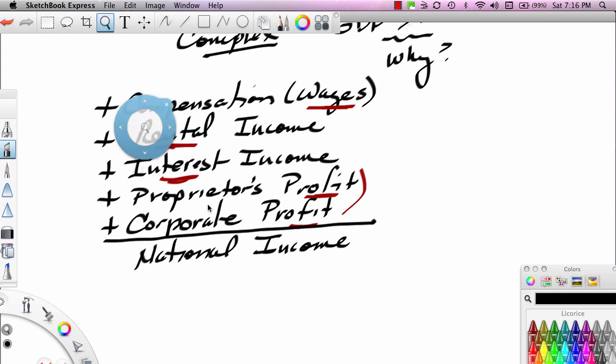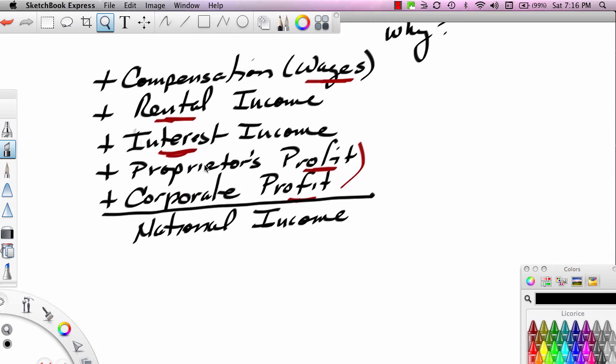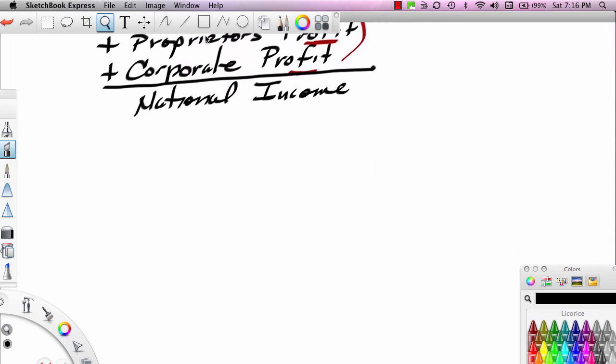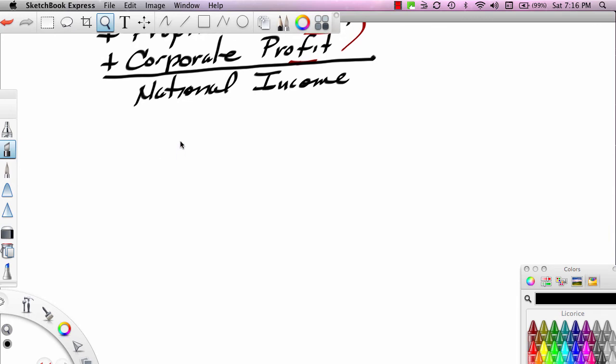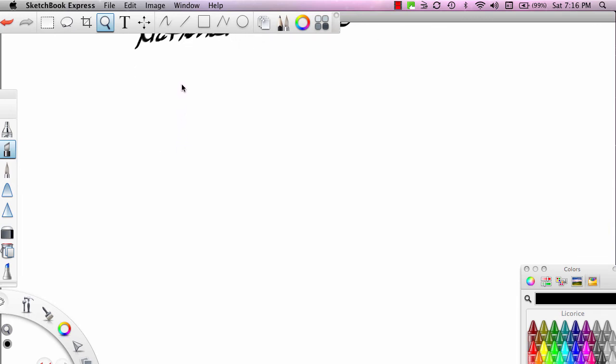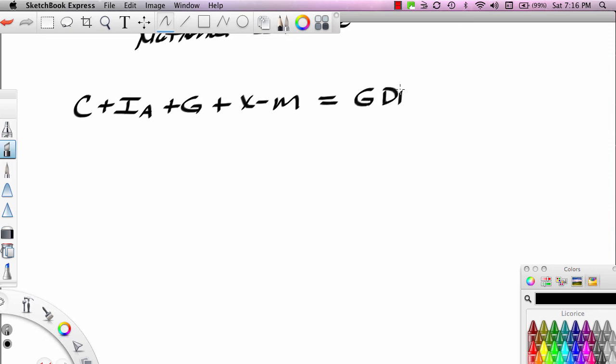Now, I want to actually show you why. And this is going to lead us into connecting the product accounts to the income accounts. Okay, so again, let's write on our sheet here, C plus I, A plus G plus X minus M equals GDP.